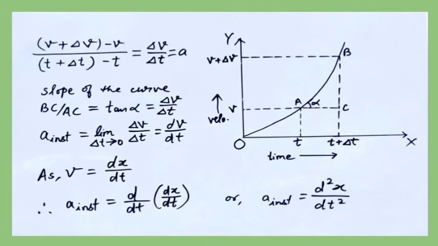So, we see that instantaneous acceleration is the first time derivative of velocity and it is the second time derivative of displacement.